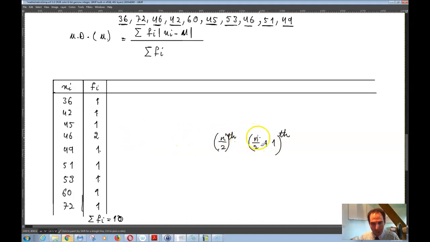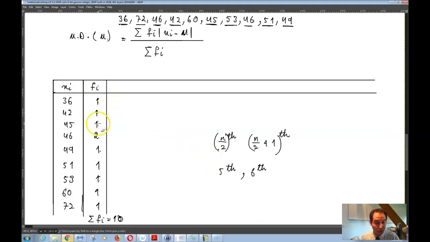So if n is equal to 10, that means the 5th observation and the 6th observation. Here it's easy to calculate them; otherwise you would use the cumulative frequency of these classes.